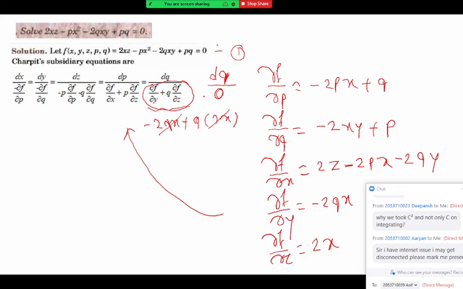We learned this in Lagrange's method. The theorem of equal ratio says whenever we have a ratio and the denominator is 0, the numerator should be 0, then only it is valid. So dq should be 0.